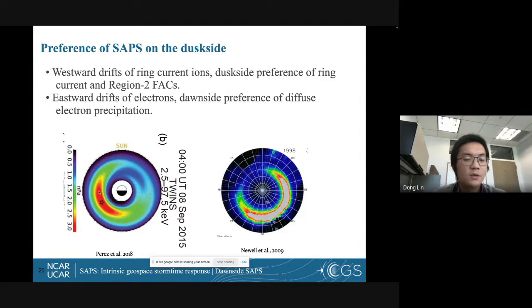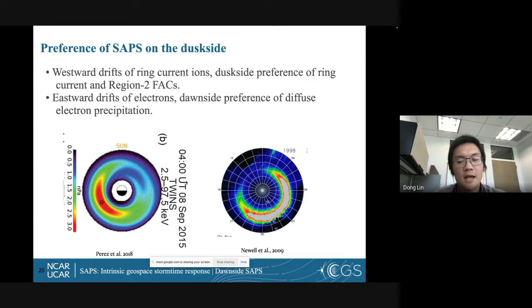So the field and current is mostly determined by the azimuth pressure gradient in the ring current, which consists of the energetic ions. And you know the ions typically drift westward. That's why the ring current distribution and consequently the region 2 field and current has an asymmetry toward the dusk side.